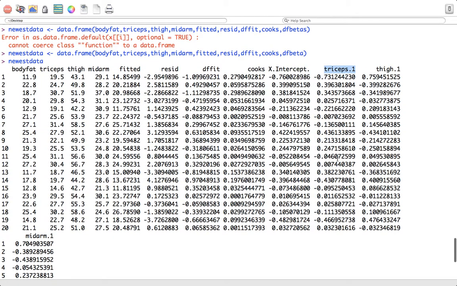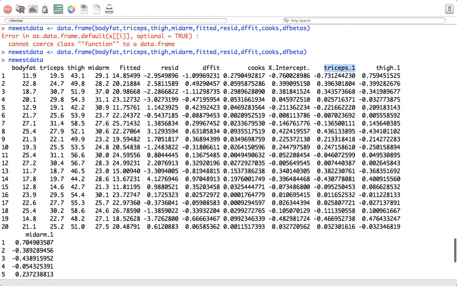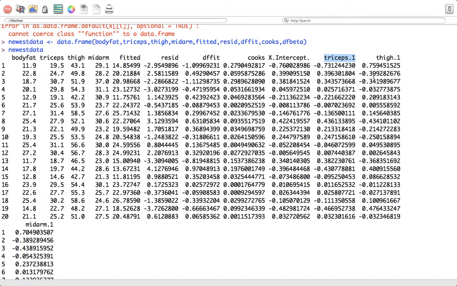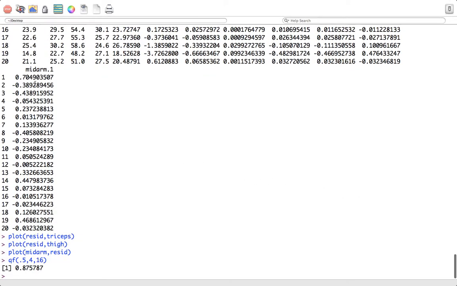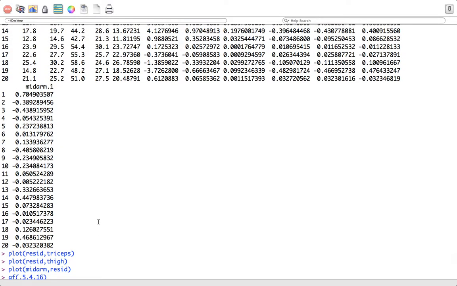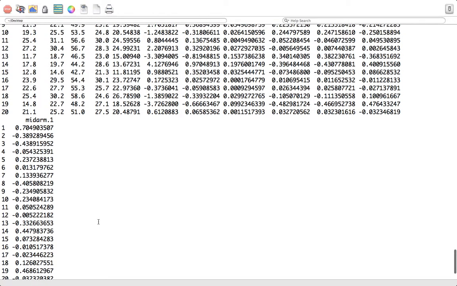And as I scroll down through the first predictor, I don't see any problems. As I scroll down through the second predictor, I don't see any problems. And as I scroll down through the third predictor, I don't see any problems either. Now, let me check one more thing, because I see a potential issue here that I may want to talk to you about, and then I may not want to talk to you about.